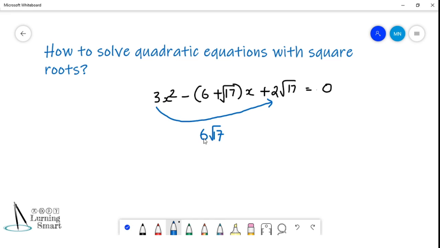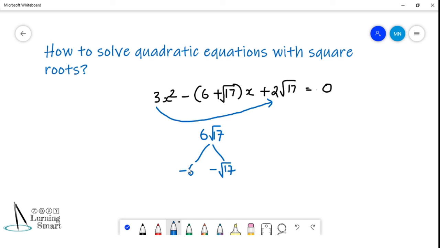When you observe, if you split it like this, 6 and root 17, when you multiply, you get 6 root 17. When you add them, you get the coefficient of x, right? 6 plus root 17. So in the question itself, it is already solved, in a way. There should be a minus here, right?